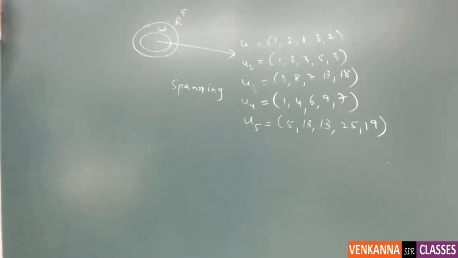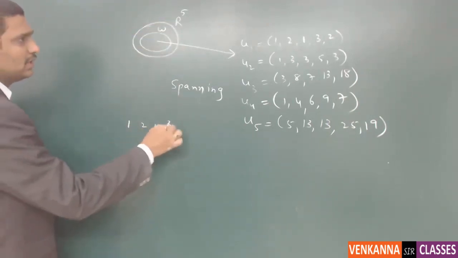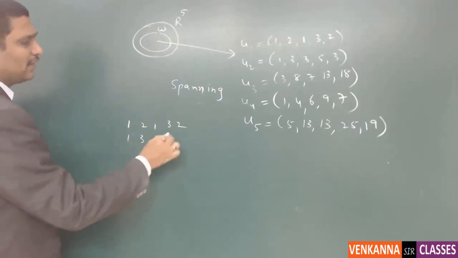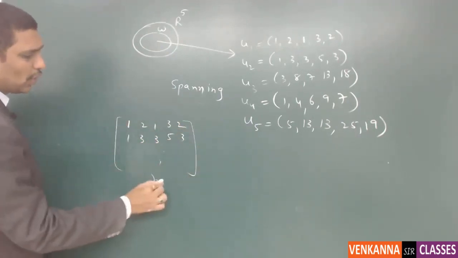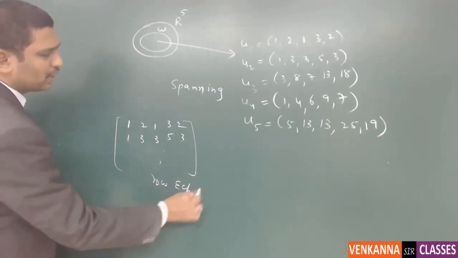We write those 5 vectors as a matrix 1, 2, 1, 3, 2, 1, 3, 3, 5, 3, and so on. You reduce that into row echelon form because you are applying only row operations.